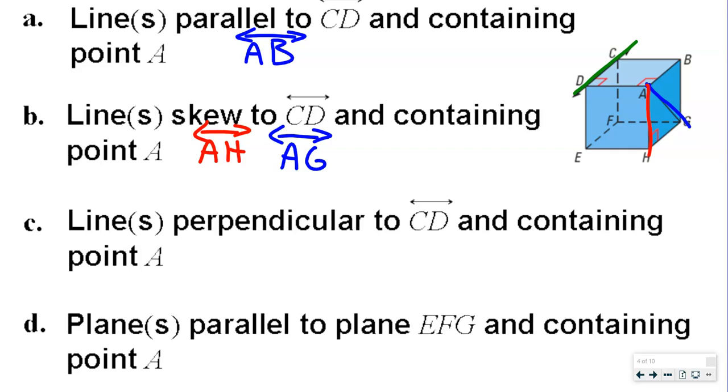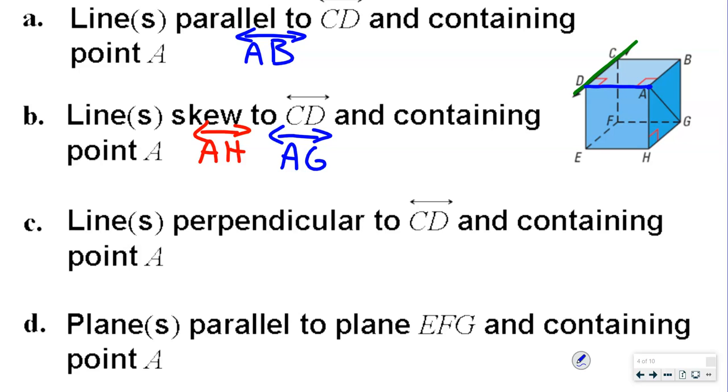Then looking down at C, we want lines that are perpendicular to line CD and containing point A. So they still need to contain point A, but now are perpendicular to line CD. Point A, they need to be perpendicular.